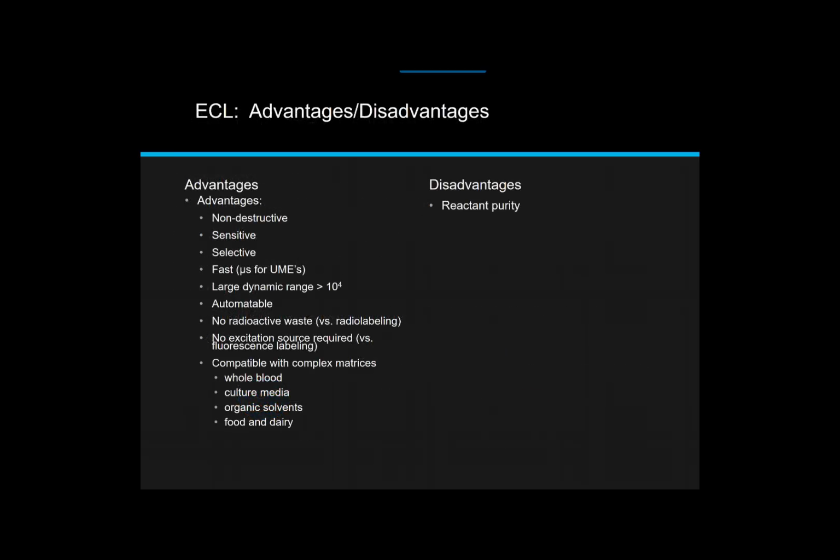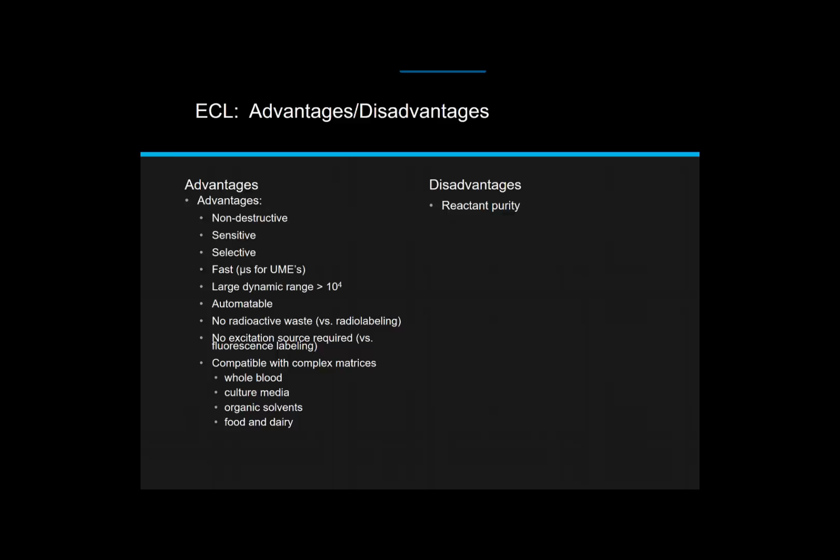All right, I hope at this point you can see that there are many different advantages potentially to this particular approach, ECL. And so I want to summarize them for you on the slide. You can do this for different experimental approaches the same way you can do it for major classes of techniques. So some advantages are ECL is non-destructive, it's sensitive, we've taken a look at that.